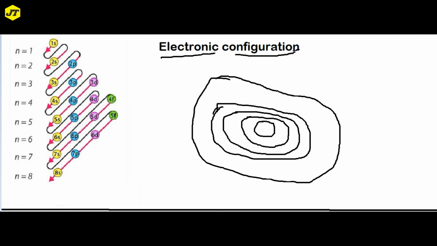So here the electrons will be present in the first orbital, either second orbital, or third orbital. Okay, to find the exact position of an electron, we use electronic configuration.